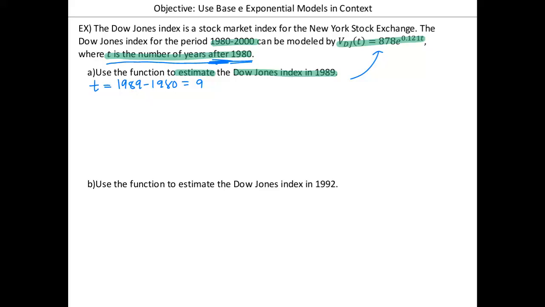So I have V of, I'm just going to put V instead of VDJ. V of 9 is equal to 878 times E to the 0.121 times T, but my T is 9 here.